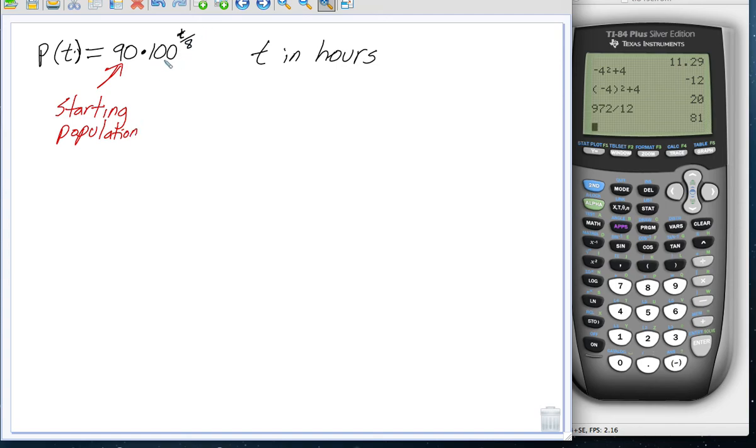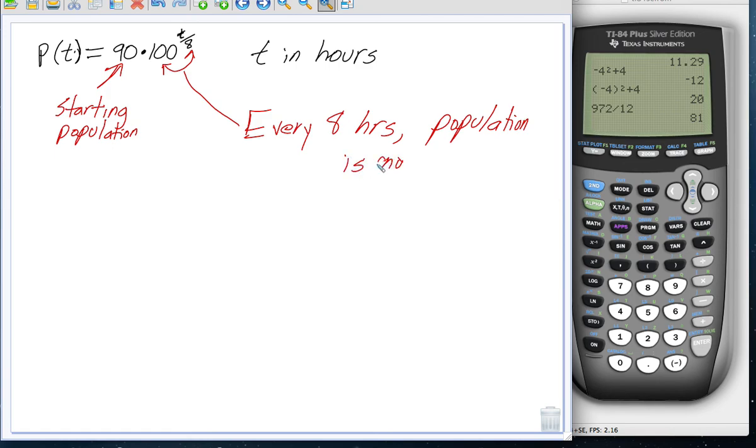Then what about this 100 and this 8? What these two, in conjunction with each other, tell us is that every 8 hours, hours because we were told that time is measured in hours, the population is multiplied by 100.